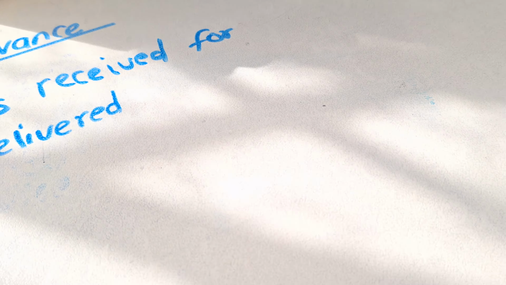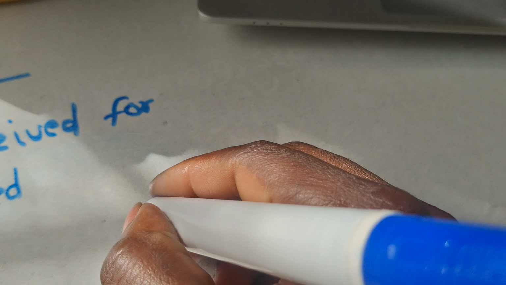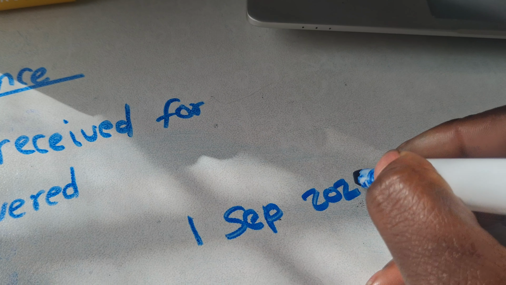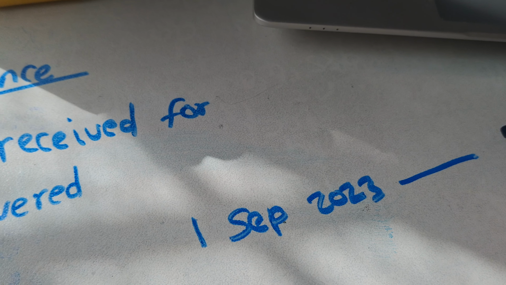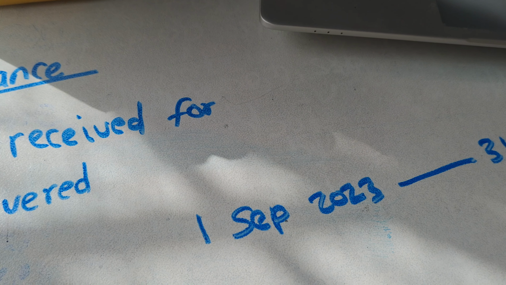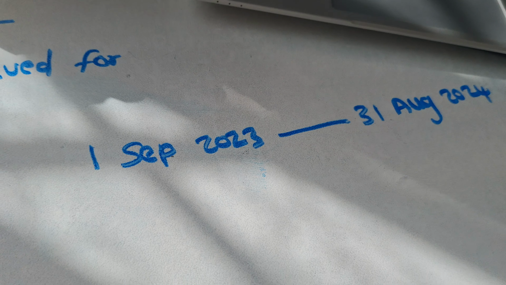So how we'll go about handling this information is that first things first, you need to write down your accounting period. We know that our financial year starts at 1st September 2023 and ends at 31st August 2024, right? So that is our accounting period.